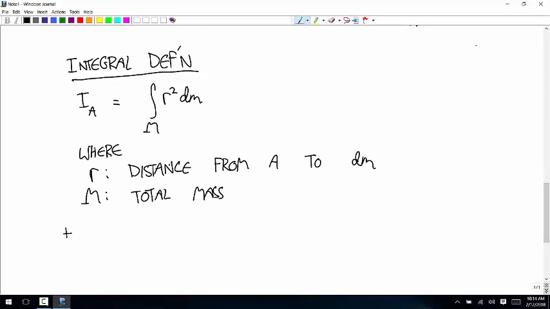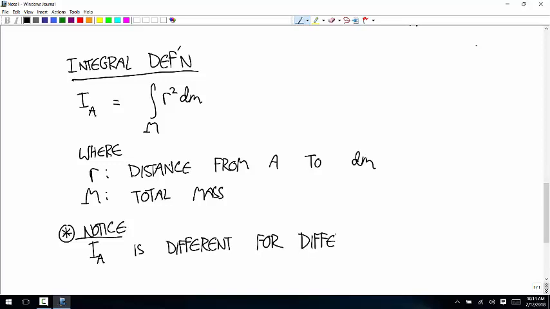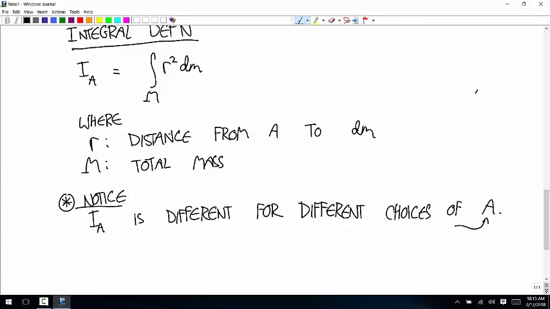One thing to notice here is I sub A is different for different choices of A. And this A, I always call it the about point.